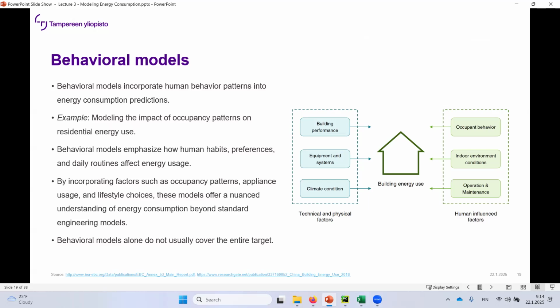It's one kind of tool in your toolbox. On top of that, indoor environment conditions, operation, maintenance. So these are the human influenced factors. And then there's the climate condition, equipment and systems, and building performance. How much, for example, insulation do you have in there, and so forth? What kind of a HVAC system do you have?